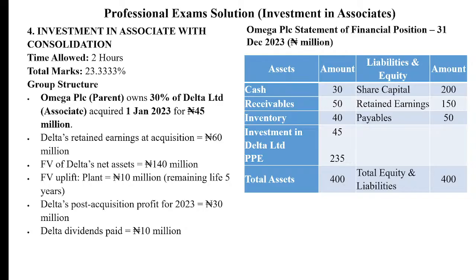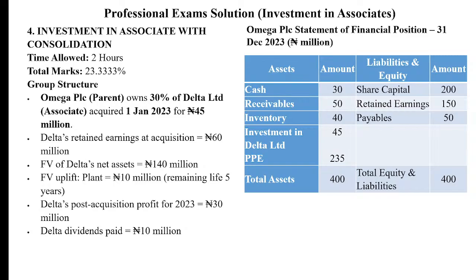Fair value of Delta's net assets is equal to 140 million naira. Fair value uplift on plant is 10 million naira, remaining life 5 years. Delta's post-acquisition profit for 2023 is 30 million naira. Delta dividends paid, 10 million naira.